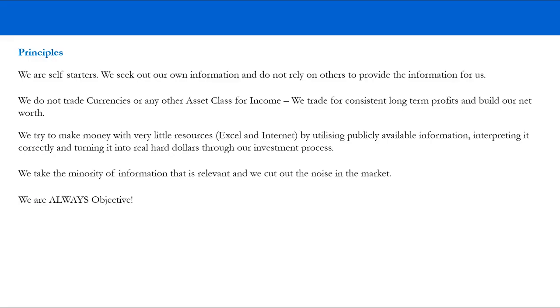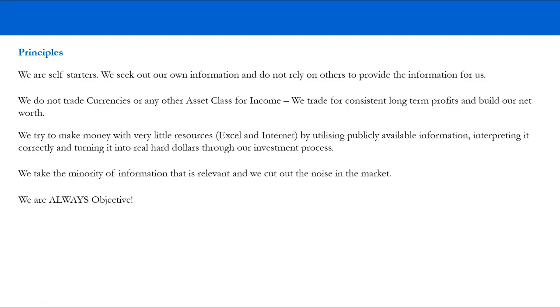We try to make money with very little resources, so Excel and the internet, by utilizing publicly available information. And the key is learning how to interpret it correctly. Because even if you know how to get the information that's important, it can still be useless to you if you're not educated enough to understand how to interpret it correctly. And then we turn our interpretation into real hard dollars through our professional systematic investment process.